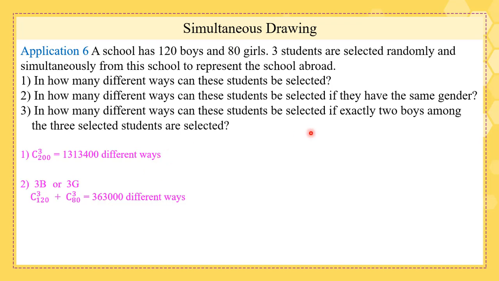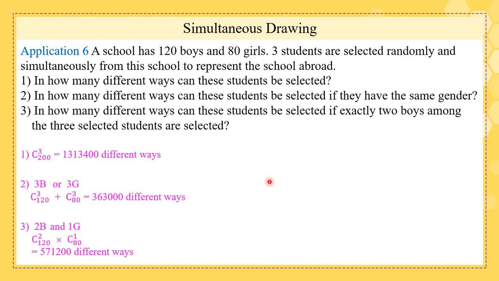Now, in how many different ways can we choose them if exactly 2 boys among the 3 selected students are selected? So we need here exactly 2 boys. Well, this means that we need 2 boys and 1 girl. 2 boys means 2 out of 120 and means multiplication, and 1 out of 80.